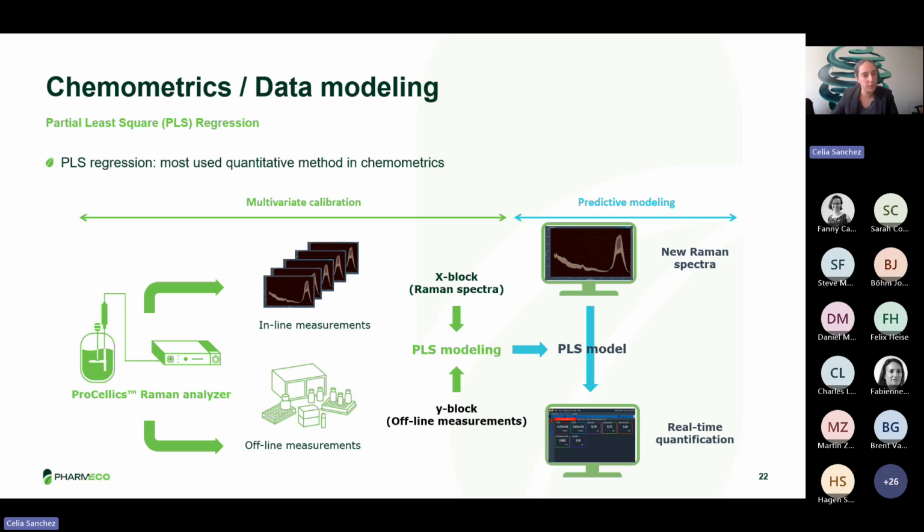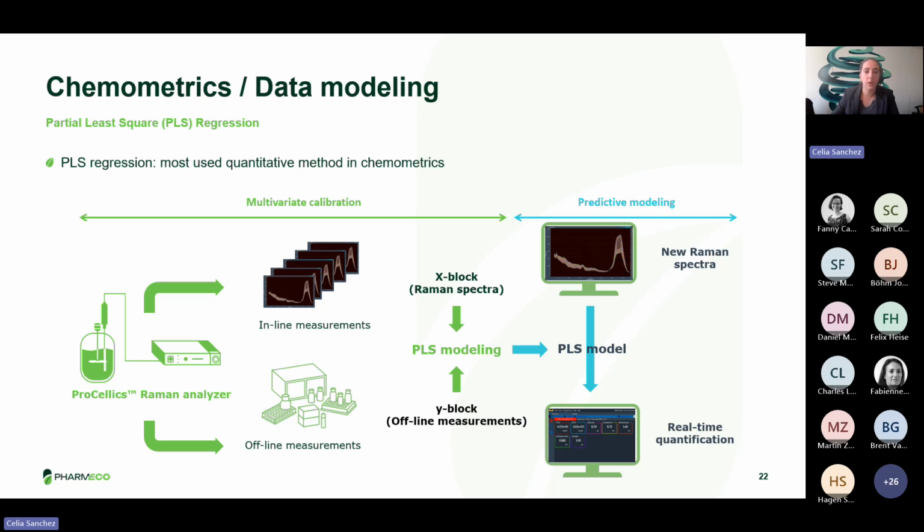In the example of the Raman spectroscopy, we have our process here with a probe plugged into, for example, a bioreactor, where we have our Raman analyzer, which collects, on the one hand, the spectra from the media.